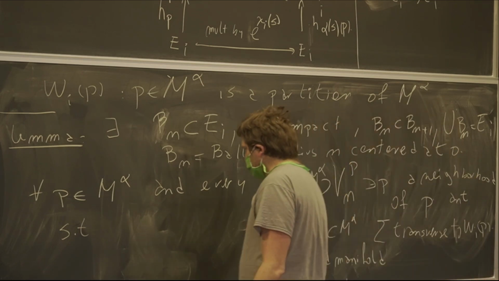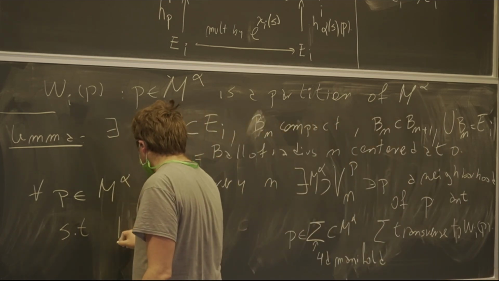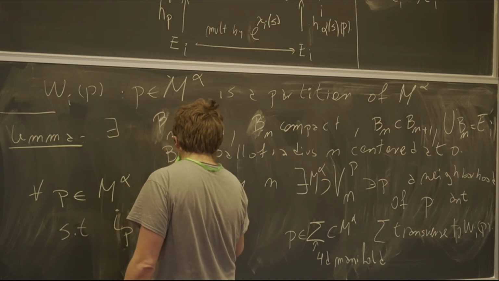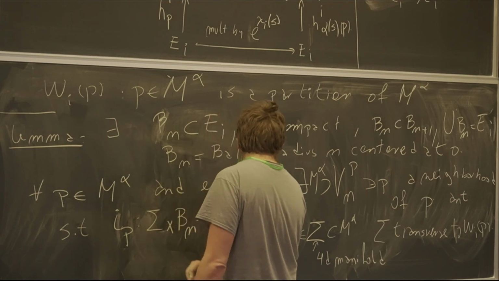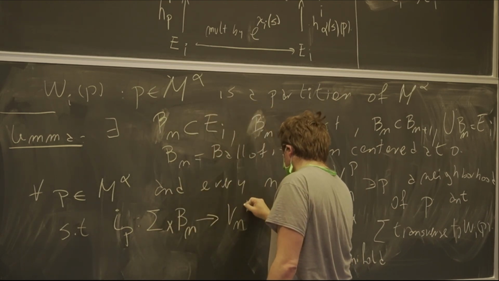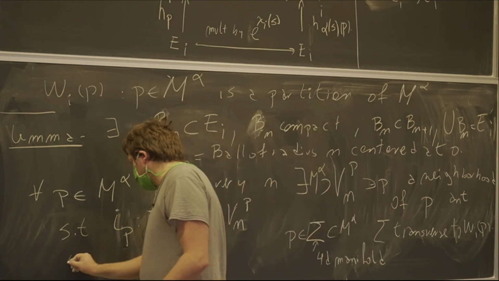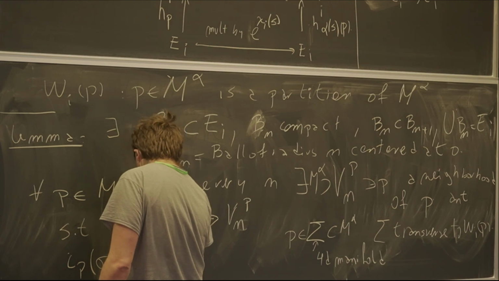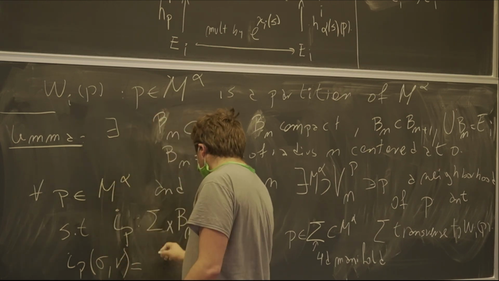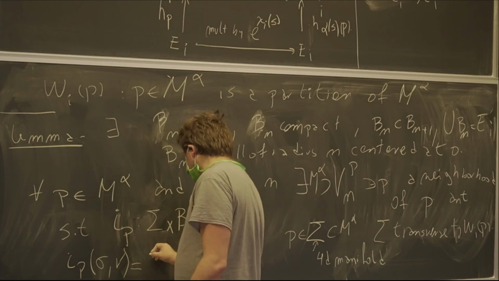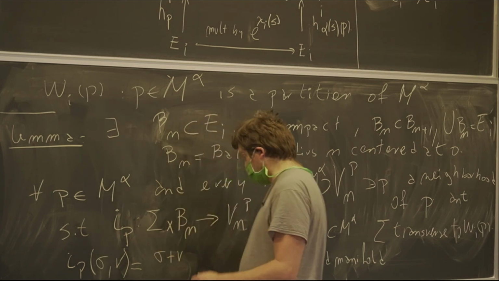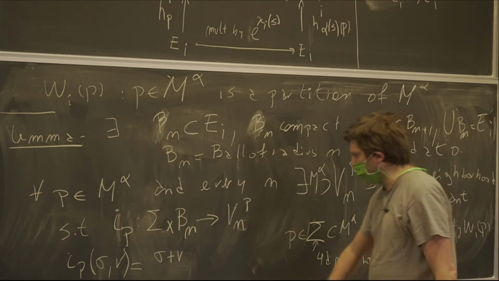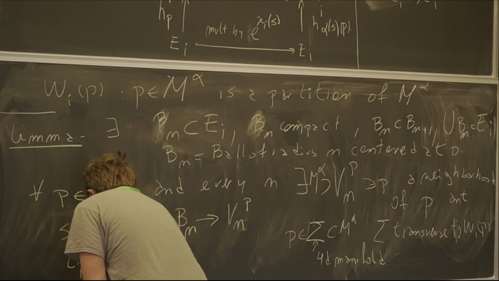What is important is that the natural map iota p from sigma times Bn into Bn p, iota p of sigma, V equals essentially sigma plus B. For the plus B, I mean what I meant before, so let me make it more explicit.